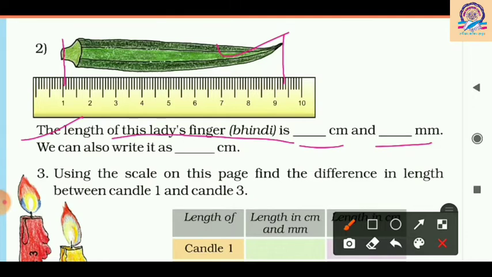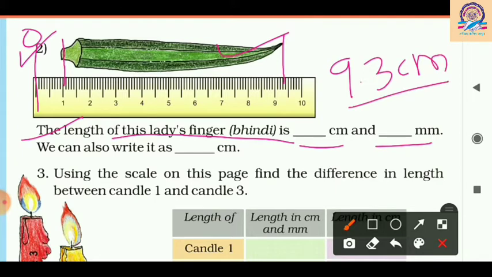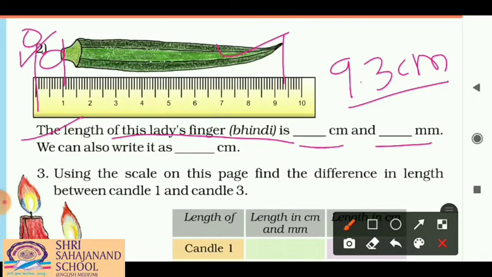Actually we have to put this lady's finger on 0, because it is very important when we measure the length of any object. We should start the measurement from 0, but it is starting from 1 and showing 9.3 centimeter. 1 centimeter is not taken, so we have to subtract 1 centimeter from this whole. 9.3 centimeter minus 1, we will get 8.3.